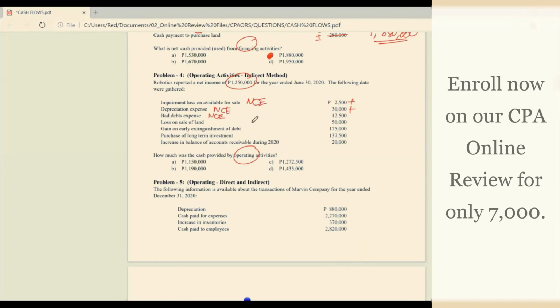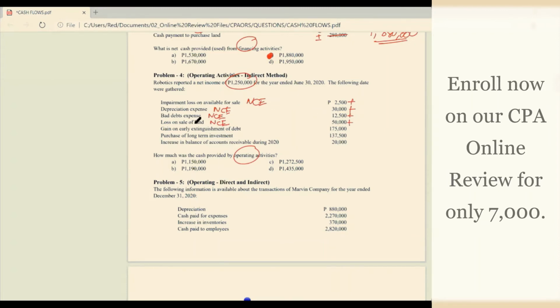Therefore, i-add back mo siya. Next, loss on sale of land. Loss on sale of land is also a non-cash expense. Wala kang nilabas na cash dun sa loss on sale of land mo. So therefore, i-add back natin siya.